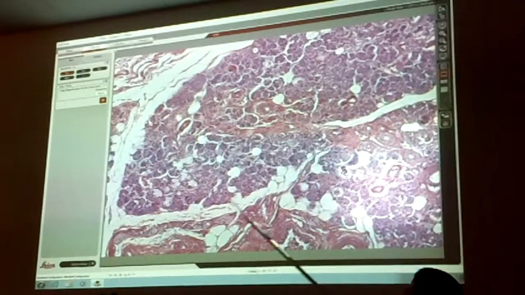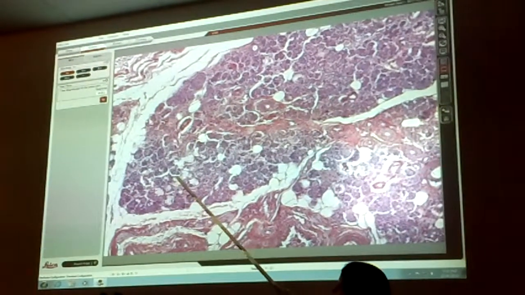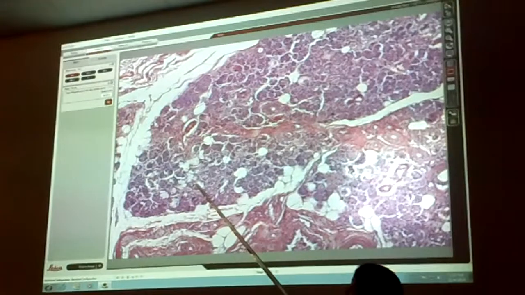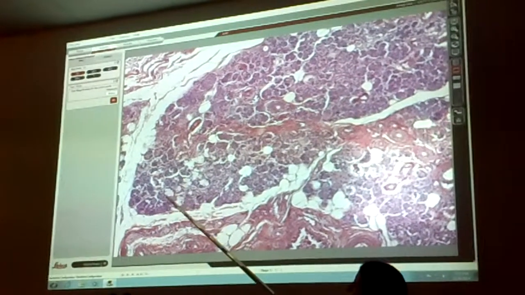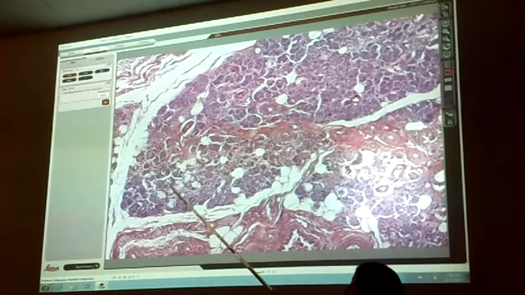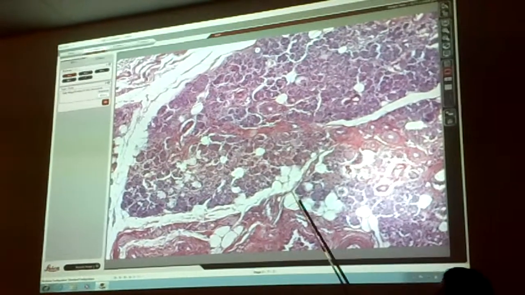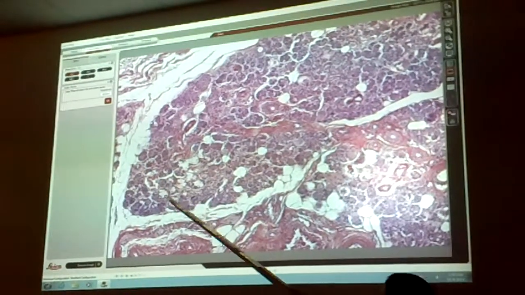Salivary duct. These. Mucus acini. This is adipose. Mucus acini. So they look a little different.